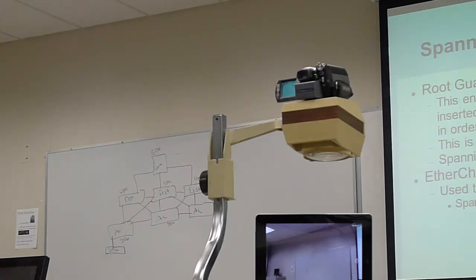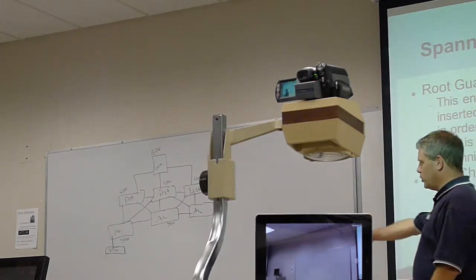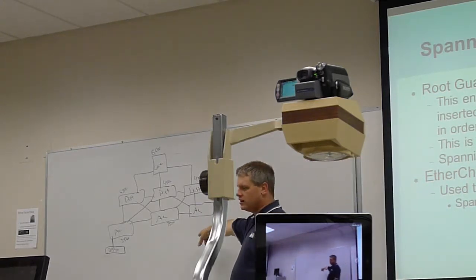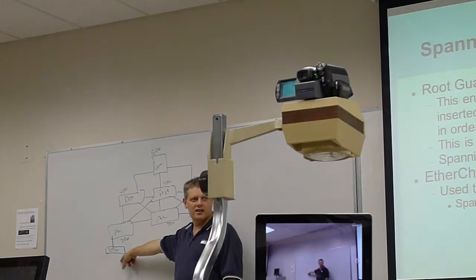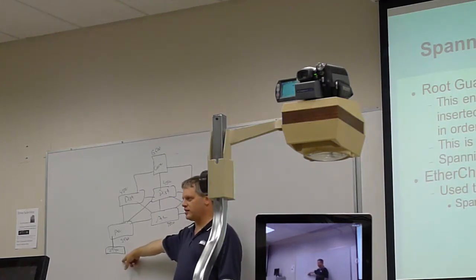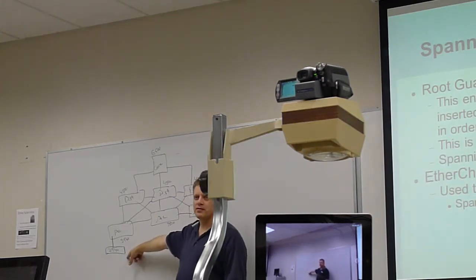So we practically went around to every last IDF in the entire city looking for a loop somewhere. Over the course of a weekend, we finally found a little 2940 switch at the new city pool, an IDF, that was configured as the root bridge for the entire city.